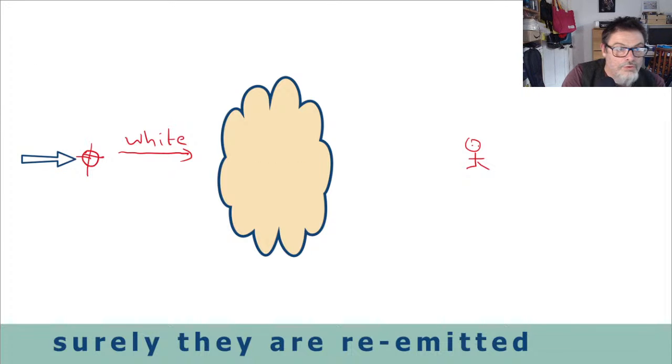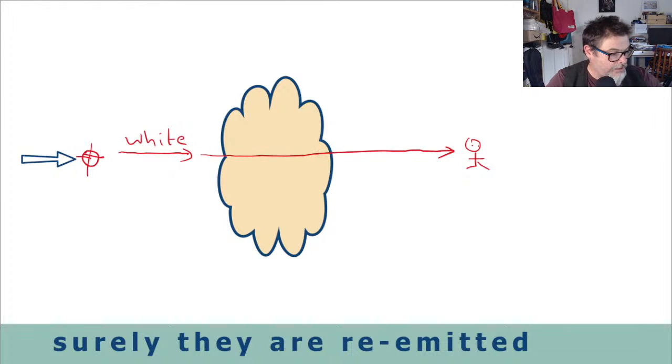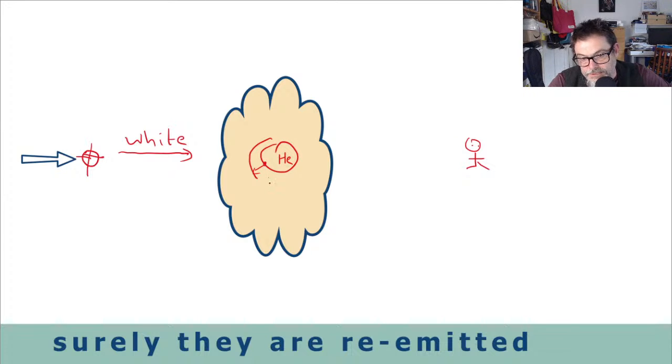Okay, so the white light is originally travelling in from the left hand side. Some of it goes through the cloud and arrives at the observer. Fairly obvious, so let's get rid of that line. We then have our helium atom in the middle there, which absorbs a particular photon. Now, in the model that we know and love, these electrons are orbiting around a helium atom.